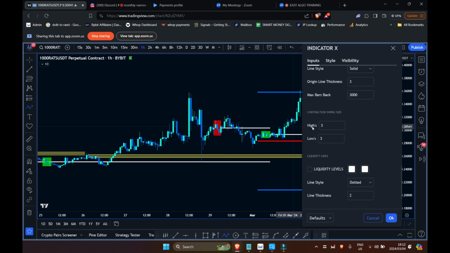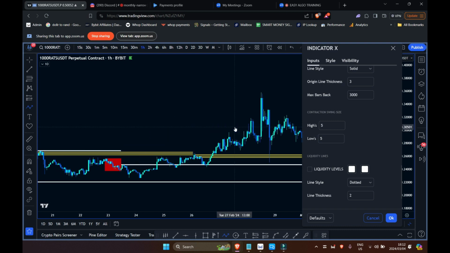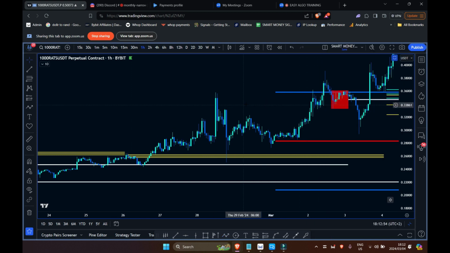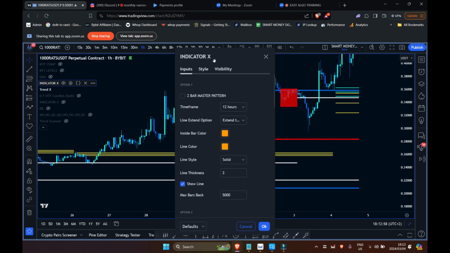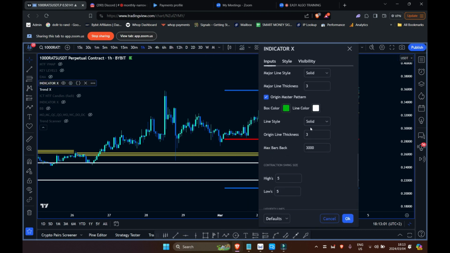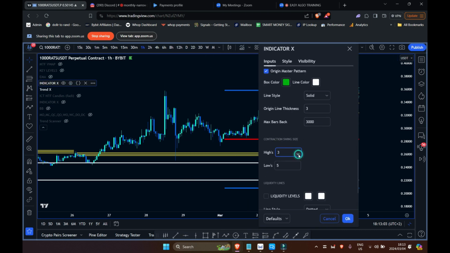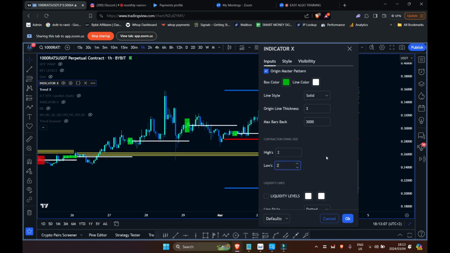If I go higher, it doesn't even pick up that, so now it's picking up bigger contraction swings. It all depends on the swing sizes you're looking to monitor. There's no right or best way to do it. It's just the sizes of the contractions that you're looking for.